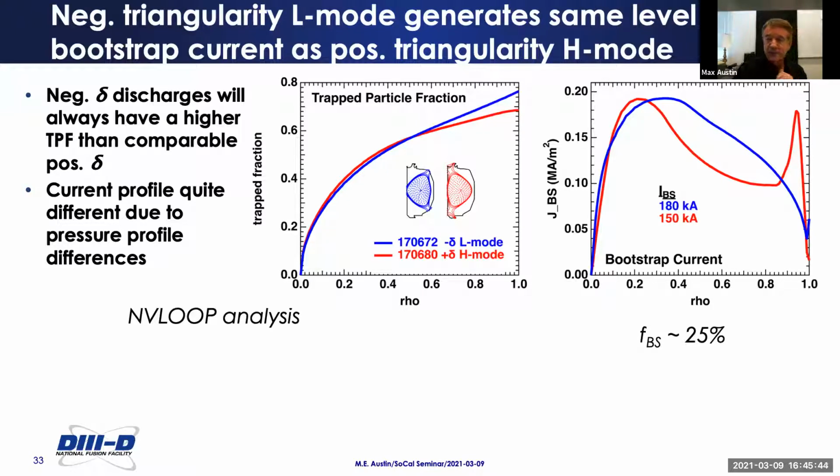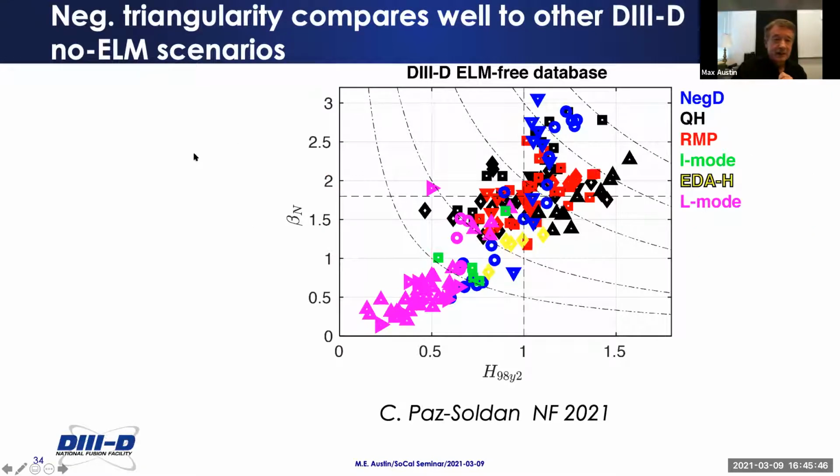So, okay, getting close to the end, I think I just have a few more slides here. Here is a comparison of negative triangularity in our database with other ELM-free shots on D3D. And I already mentioned what some of these are: quiescent H mode, H modes with ELM suppression by RMP, and I modes.